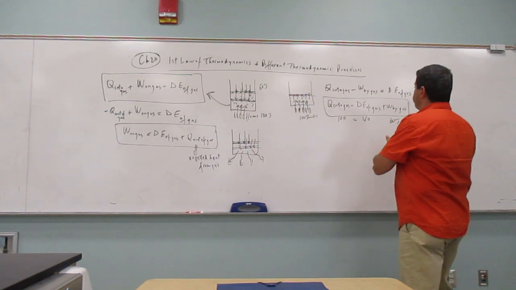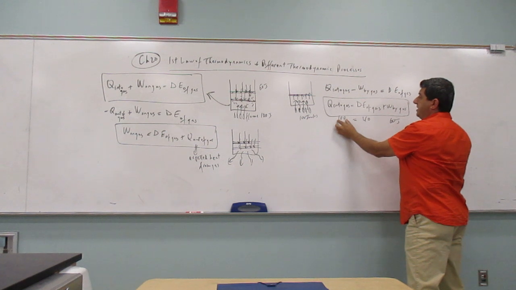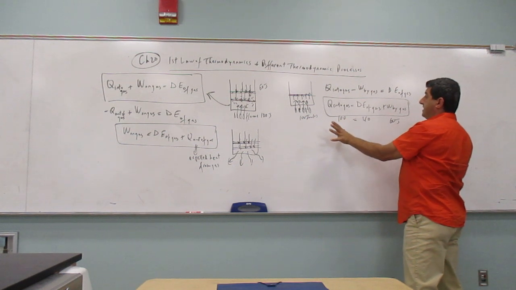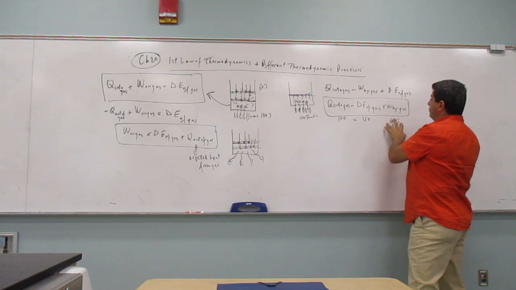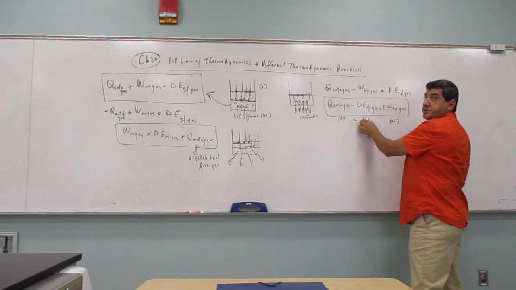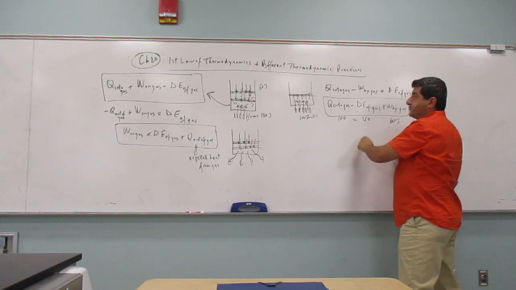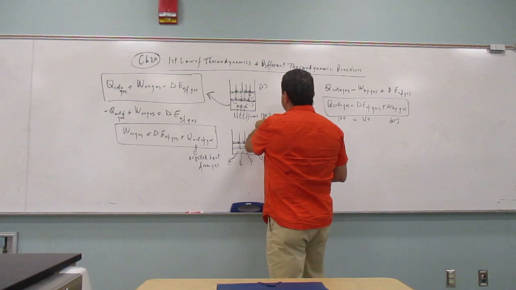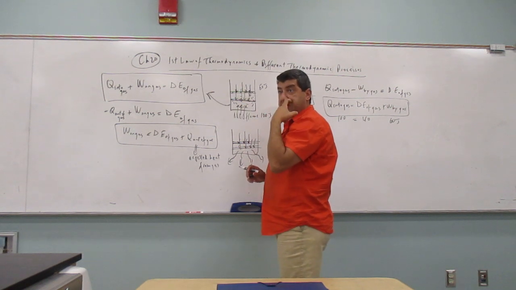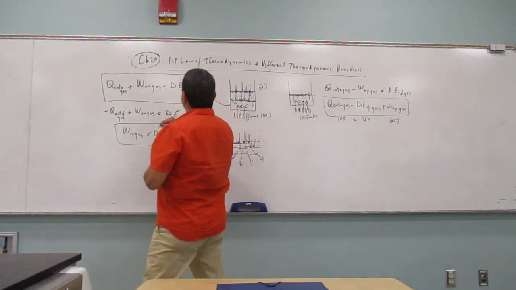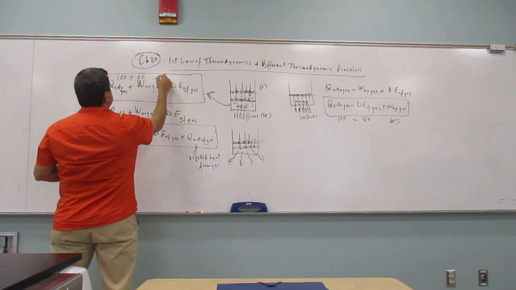See what's happening? The difference here, you're putting in 100 joules of heat, and you're not doing work on the gas. So that heat that you're putting in is going into the gas doing work, and some of it is going into the increase of energy of the gas. Here, you're putting in 100 joules of heat energy, plus you're doing 60 joules of work on the gas. So then what's going to be the change in internal energy? So 100 plus 60, 160.